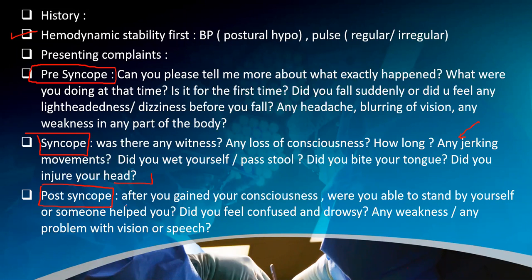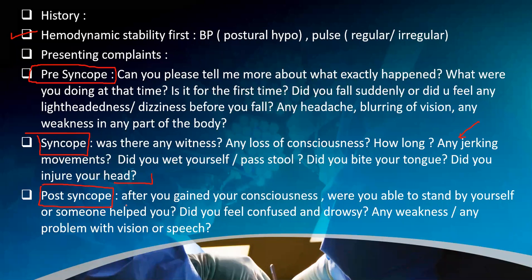For post-syncope questions, after you regained your consciousness, were you able to stand by yourself or did someone help you? Did you feel confused and drowsy? Any weakness, any problem with your vision or speech after that? Why are you asking these questions?